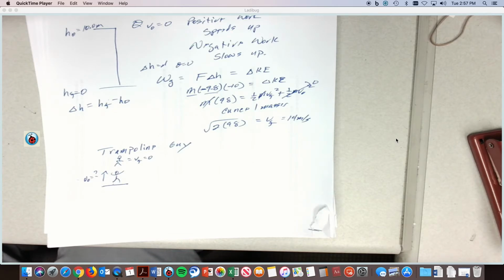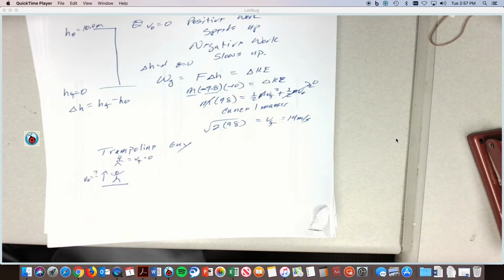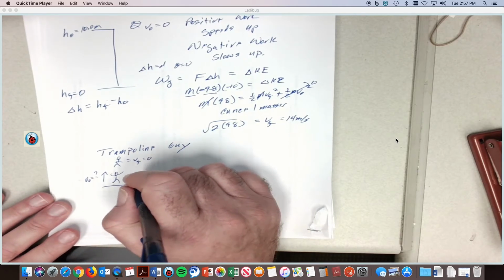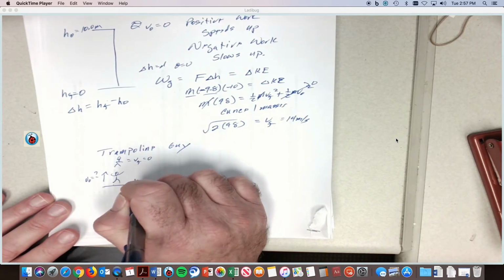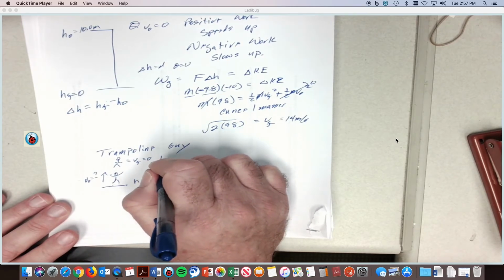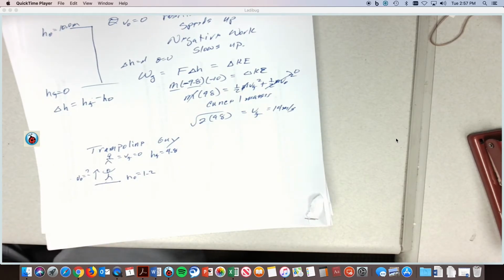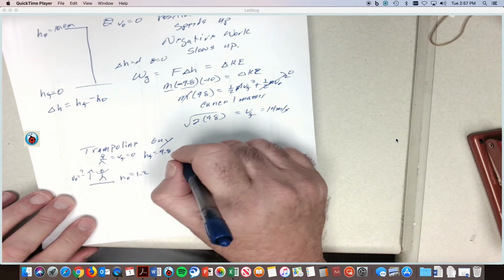Now, the work being done by gravity is going to be negative because gravity is going to take him down. Let's say he went from 1.2 to 4.8. So his initial height was 1.2 and his final height is 4.8. Let's just do the displacement again.